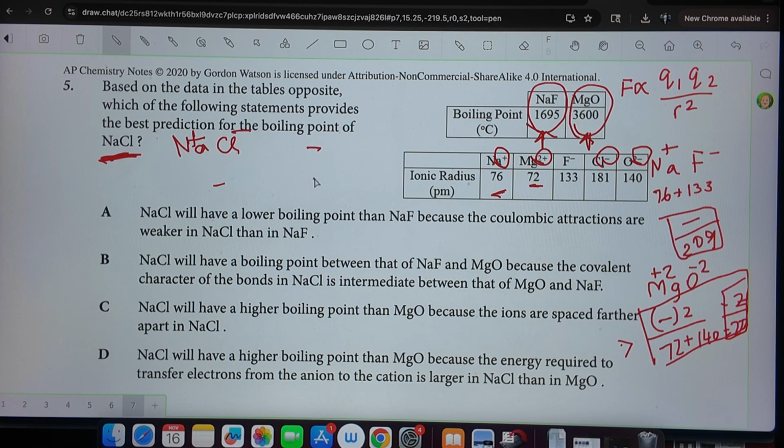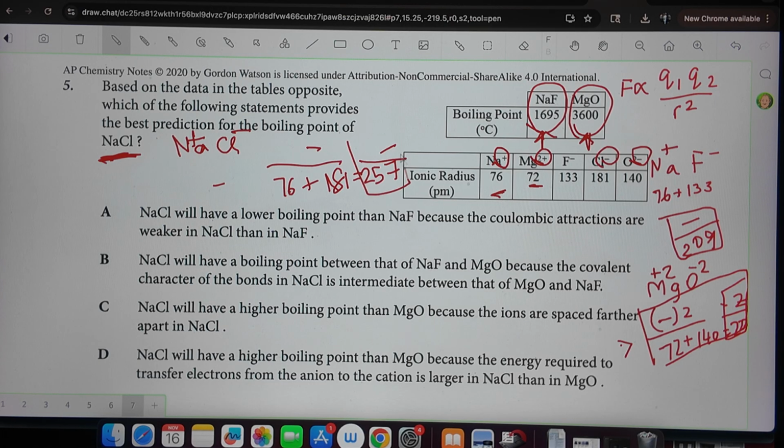Therefore, now we have to look at Na, which is 76, and Cl, which is 181, and that is 257. So negative over 257.